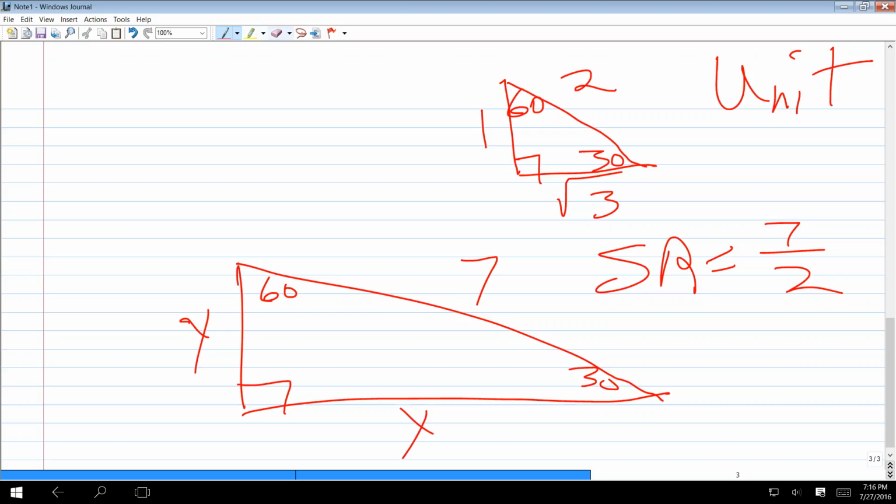What does that make y? What is y? Multiply the similarity ratio by that.